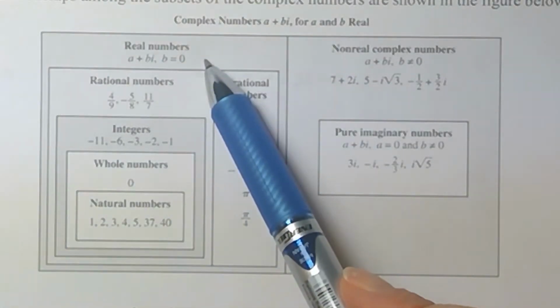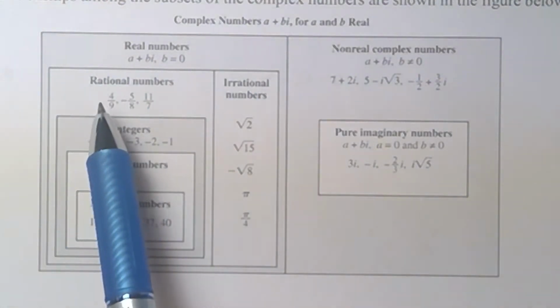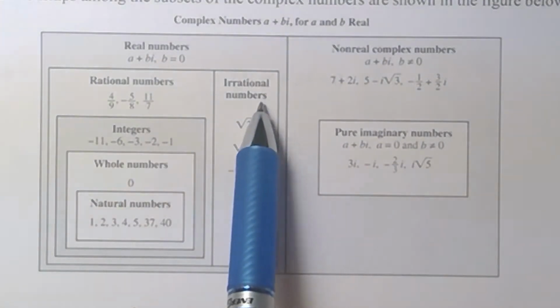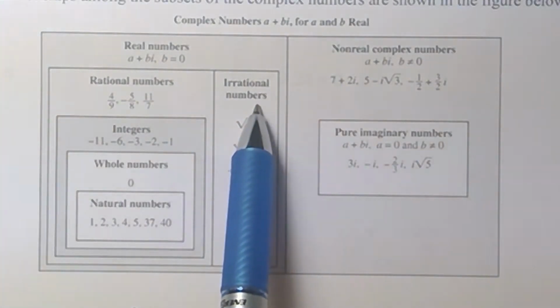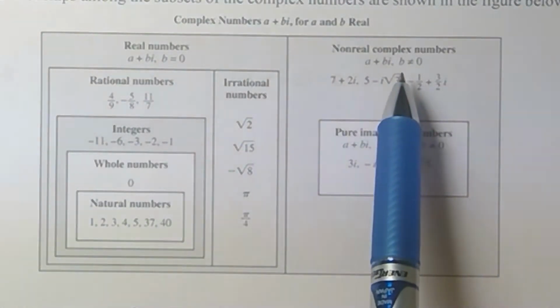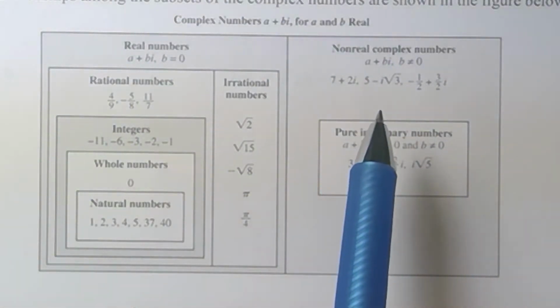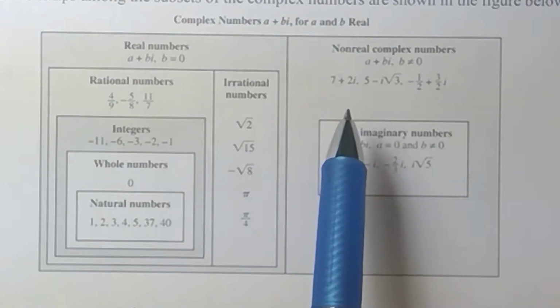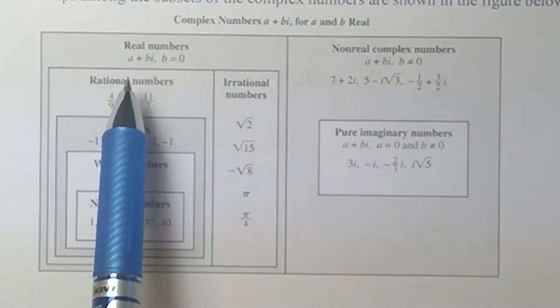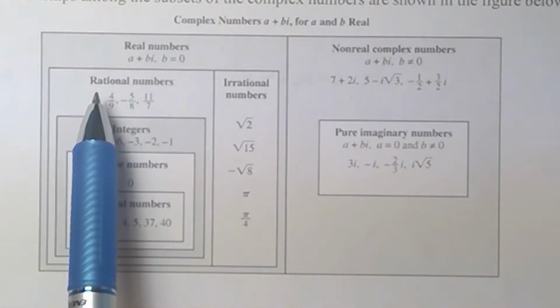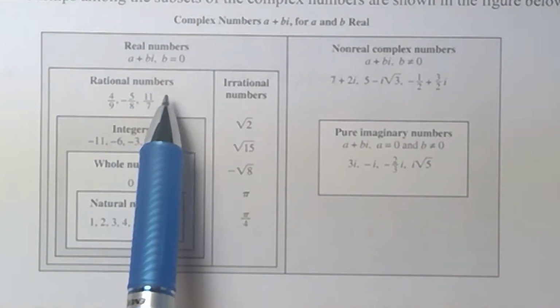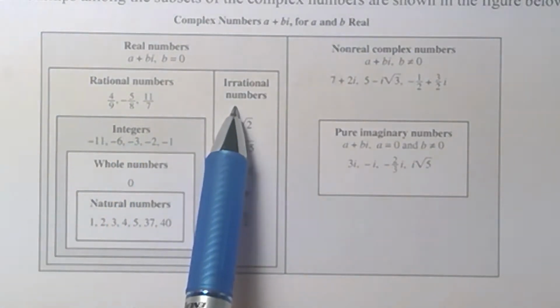Under our real numbers, we have numbers that are either rational or irrational. Notice that if it's imaginary, if it's complex, then I don't talk about it as being rational or irrational. It's just complex. But if it's a real number, I have to identify whether it's rational or irrational.